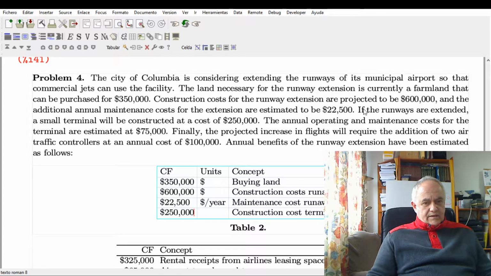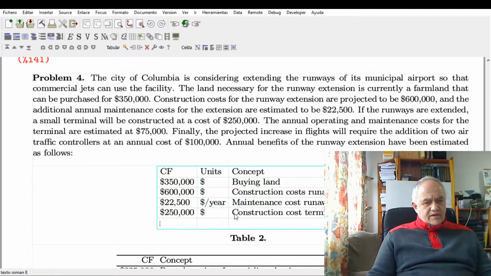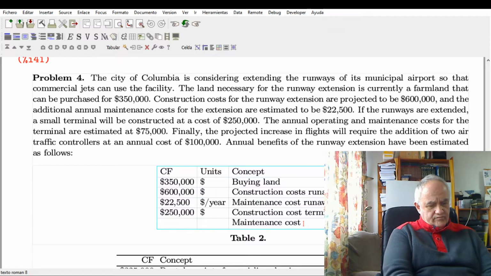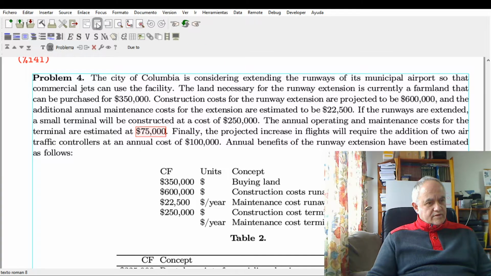And this is again dollars. The maintenance cost of the terminal, it's here. Not the runway, but the terminal. The units are again dollar per year, annually paid. And this will be 70,000.